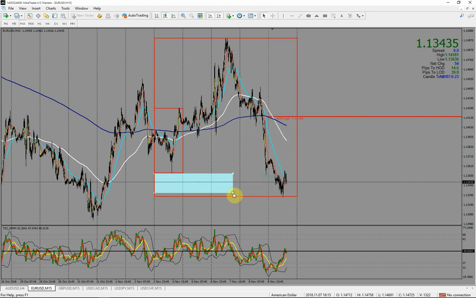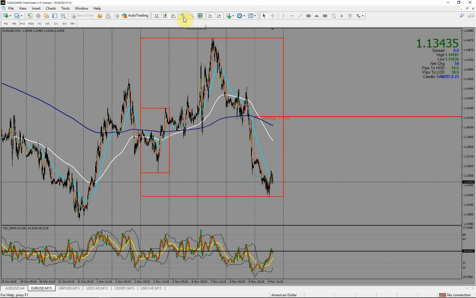We have Monday as accumulation, Tuesday, Wednesday stop hunt. It was just after midday, so it was the London session, not New York Open or London Open. So knowing your moving averages, knowing that this occurred, it's a Tuesday stop hunt high.